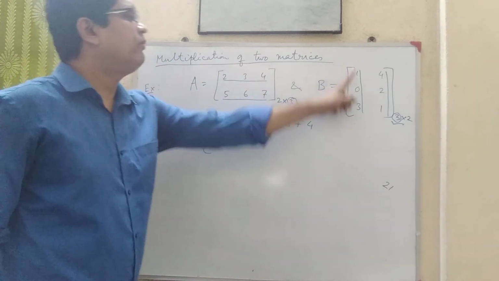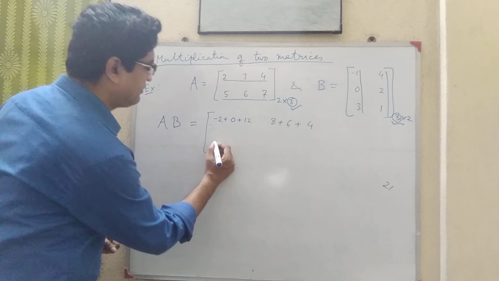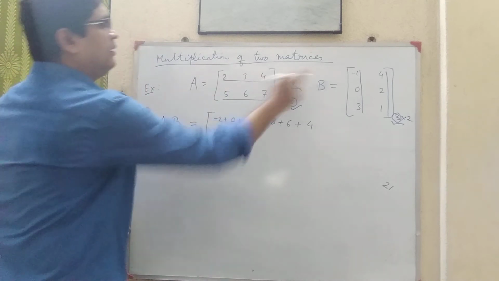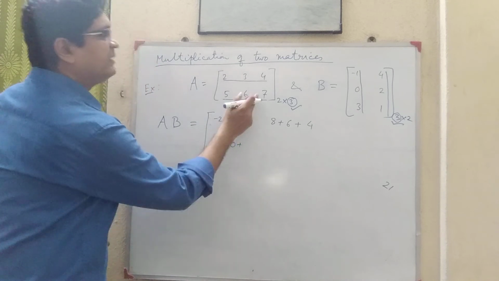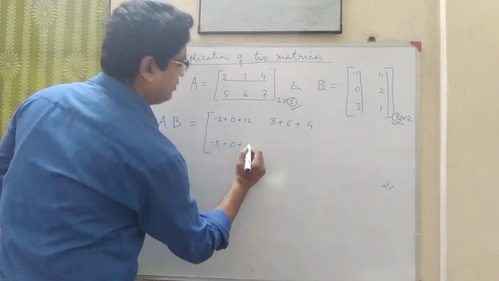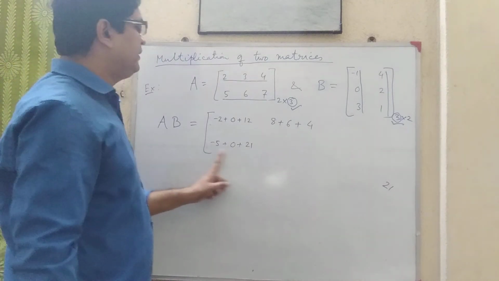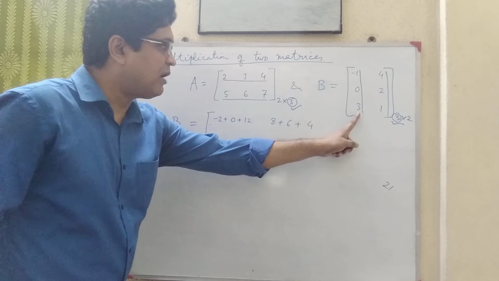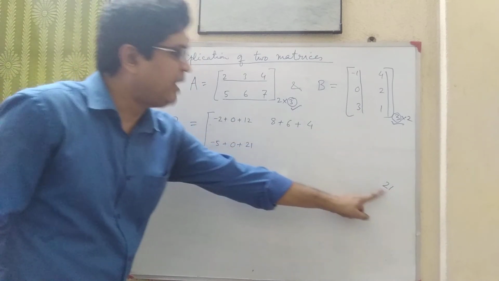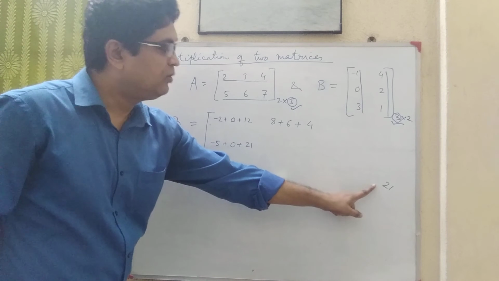The inner product will be 5 into minus 1, which is minus 5. Then 6 into 0, which is 0. Then 7 into 3, which is 21. So this is the inner product between second row and first column of the second matrix, and we write it in the 2, 1 position.